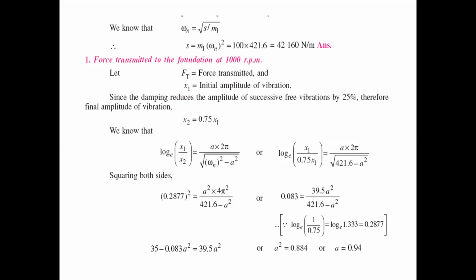Squaring on both sides of our basic equation, stiffness s equals m1 into omega n square. M1 is 100 and omega n is 20.5. Just make the calculation and the value arrives at 42,160.